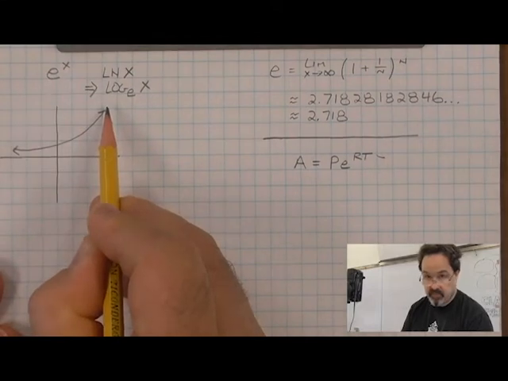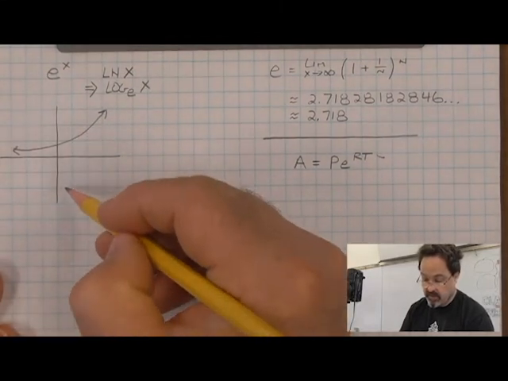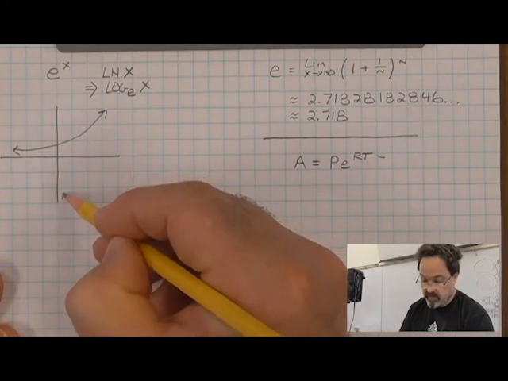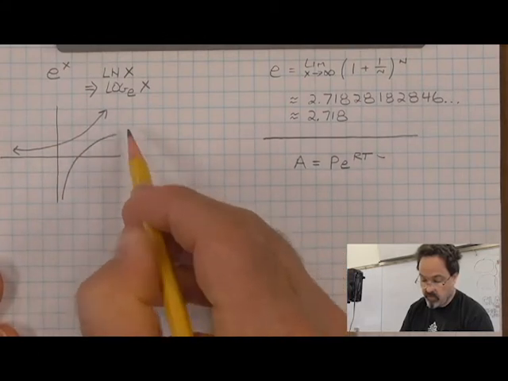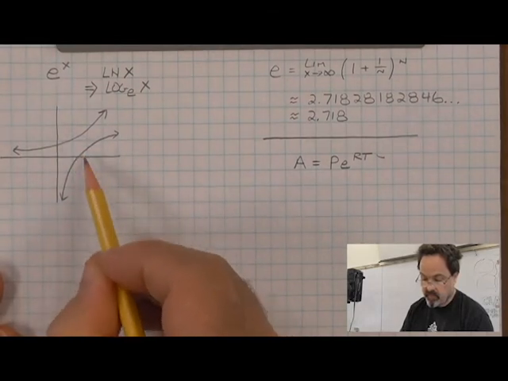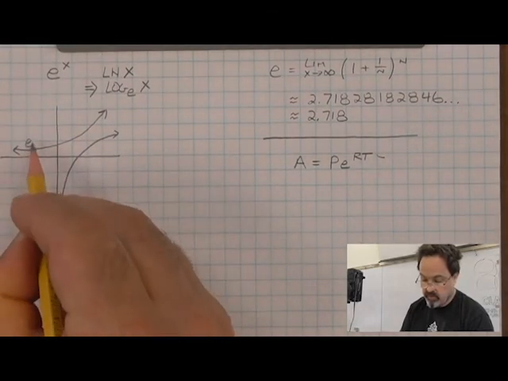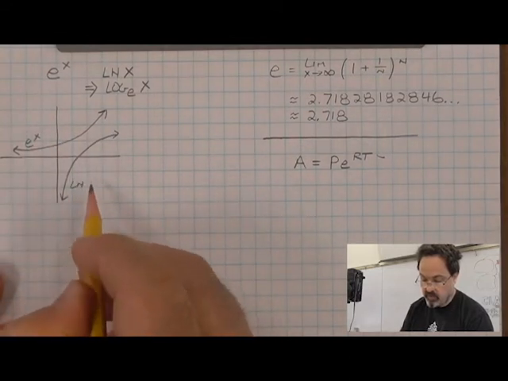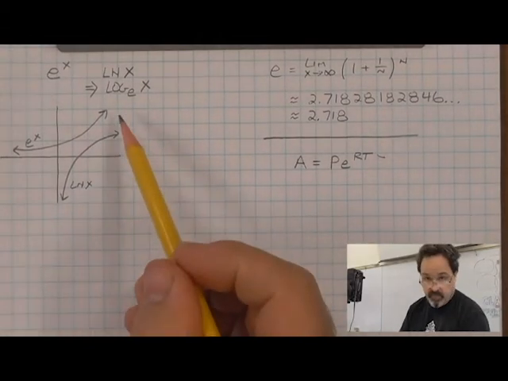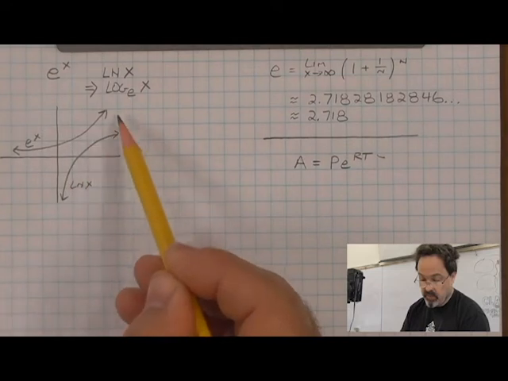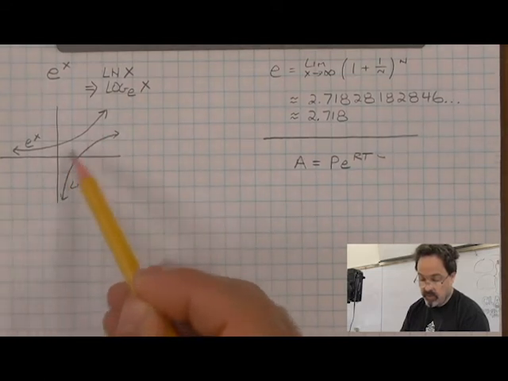And the natural log of x is just like all other logarithms, the inverse of the power base e. We'll label this as an e to the x curve and this one as a natural log curve. They're reflections of each other over the line y equals x.